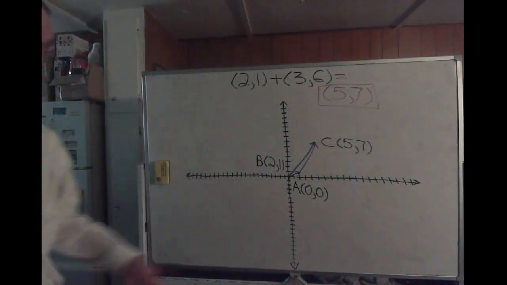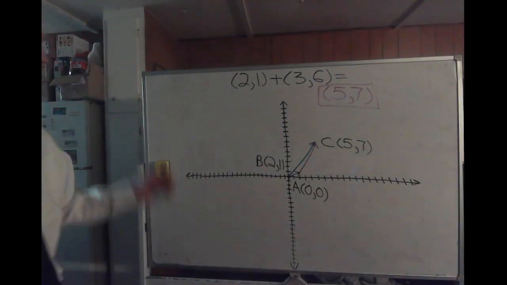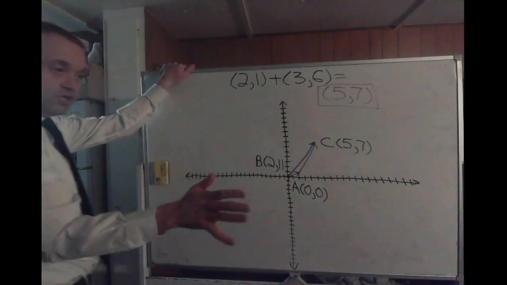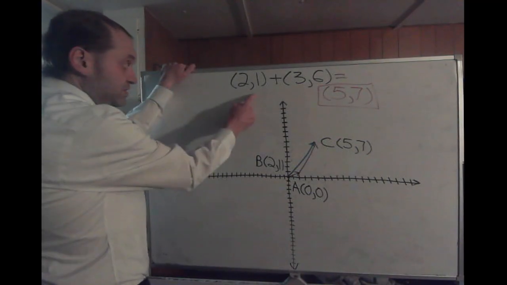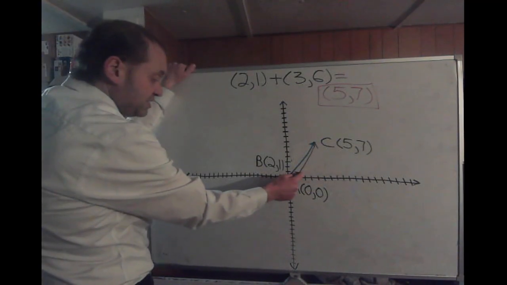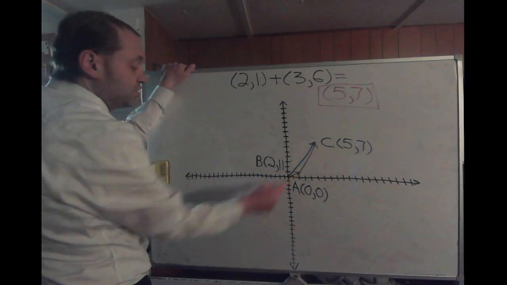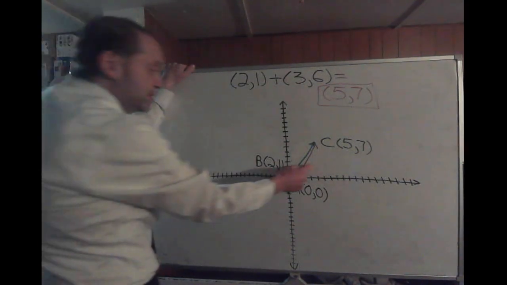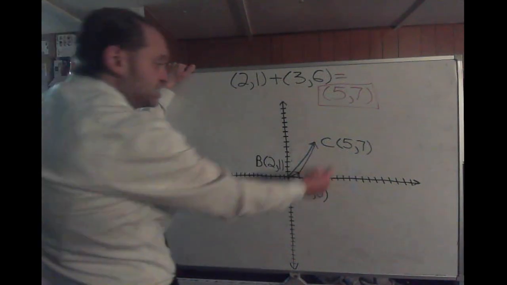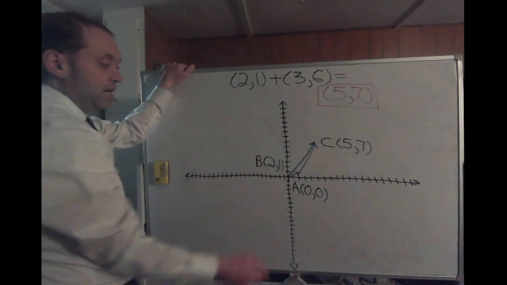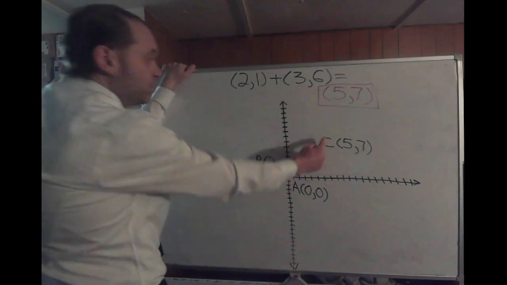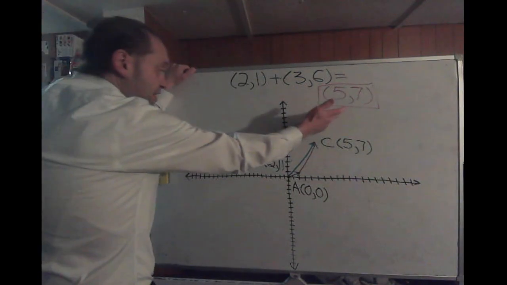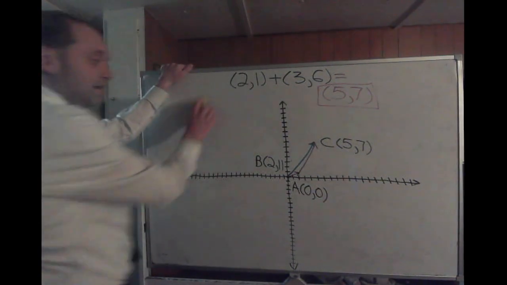You often get triangles. So I started at my point A, always going to be the origin, the starting point. The first vector is 2, 1 to a point B, so that's my point B is at the coordinate 2, 1. And then the 3, 6 is from point B to point C. That puts me at a C coordinate of 5, 7. Well, I'm going to go from the origin to the point 5, 7 then when I add these two vectors, giving me a real vector of 5, 7 when I add them.